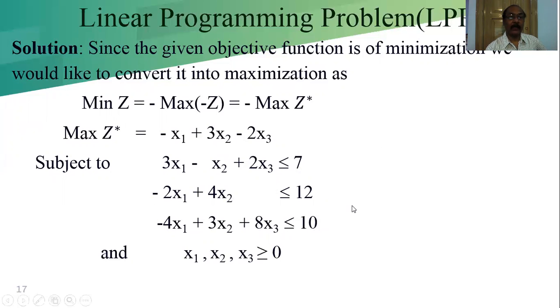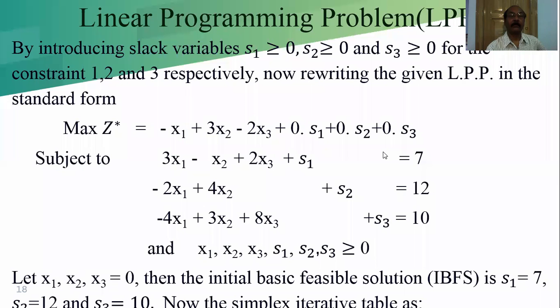Then we are converting this LPP to the standard form, as per the usual procedure. We have 3 variables and 3 slack variables, so in total we have 6 variables.